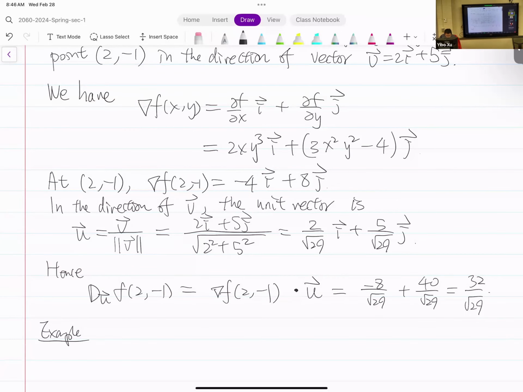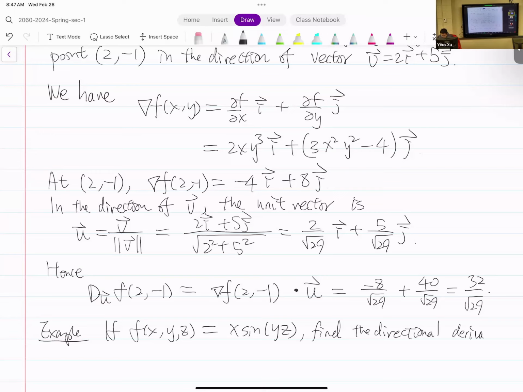Okay. Another example, if we have f of x, y, z, where the function is defined as x times sine of yz. We want to find the directional derivative of f at the point (1, 3, 0) along the direction of a vector.